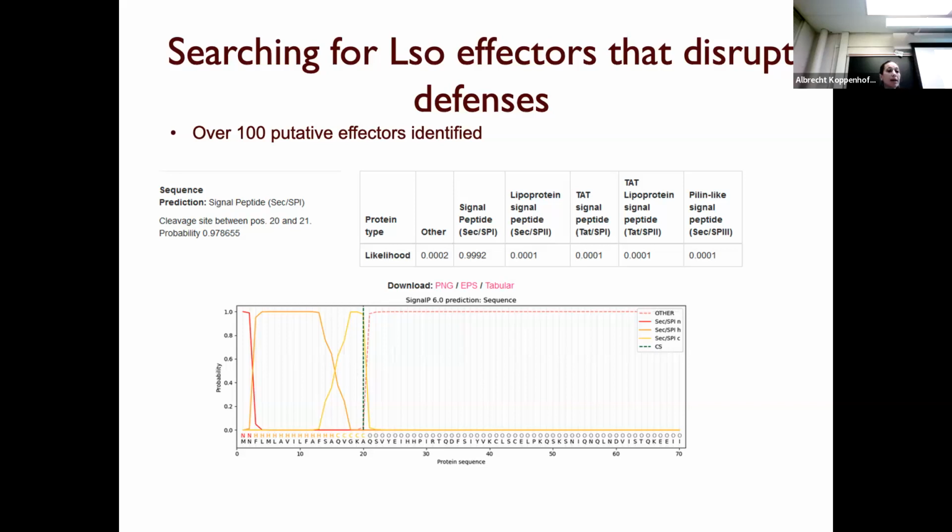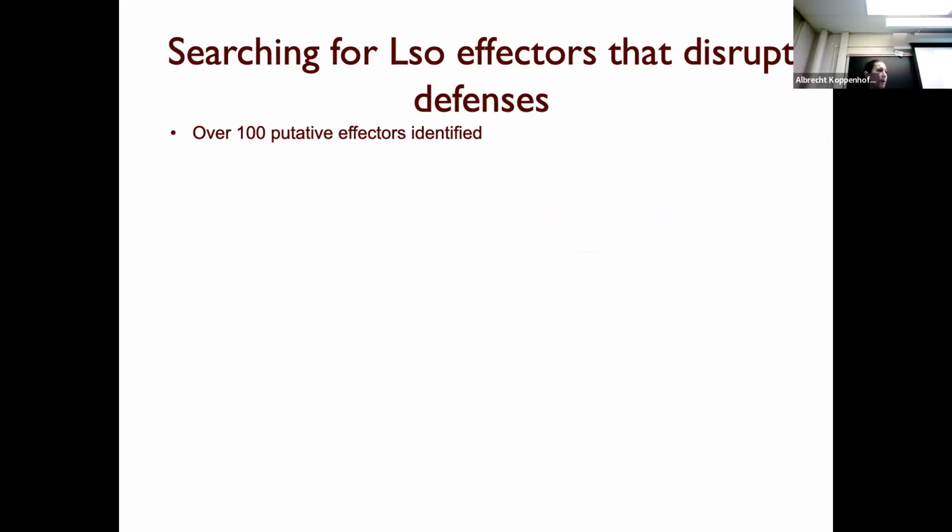And so now we want to see among the 100 putative effectors which ones are really effectors and which ones are really manipulating the immunity. So we set up a pipeline where we run our effectors through. The first thing that we do is evaluate whether there is a difference between LSOA and LSOB for these effectors. We then test the secretion.